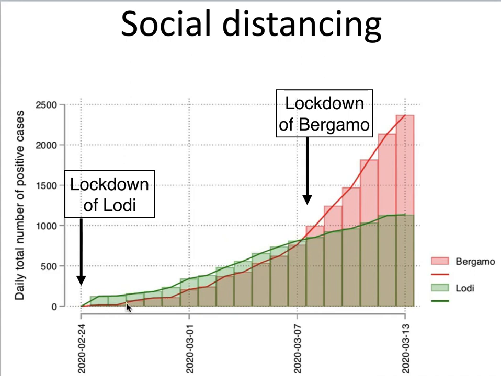And Bergamo, which had a very similar way of development of the disease, did not lock down the city yet, and you can see that the number of cases continue to increase. So Bergamo only decided to lock down the city on March 7th. So we expect that by March 21, their number of new cases will start to diminish as well.